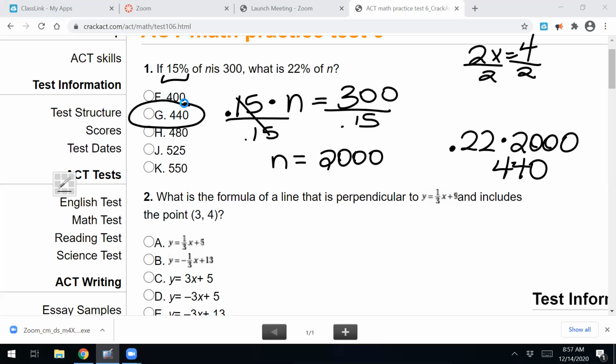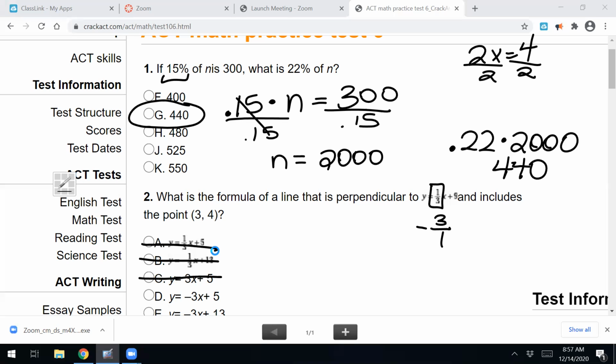It's also the reciprocal. It's the opposite reciprocal. So the slope of this one is 1/3. It's positive. So our slope is going to be negative, and then it's going to be 3/1. So what does negative 3/1 actually mean? Just negative 3. So that means the only 2 options that you have are D and E.